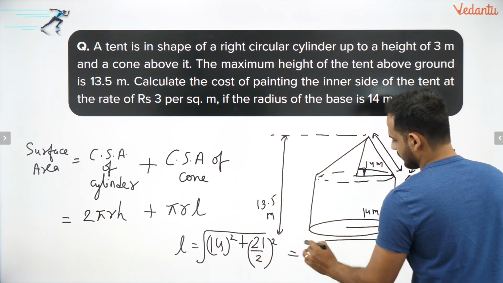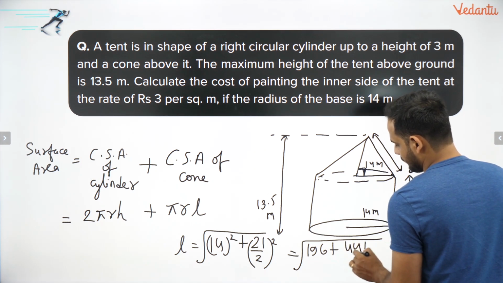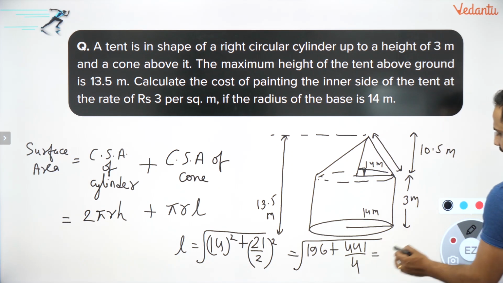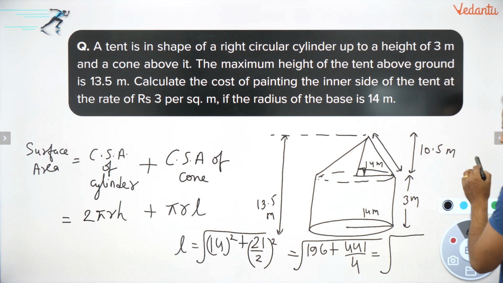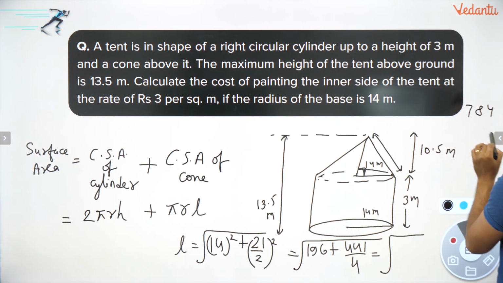So you'll get 196 plus 441 by 4. So multiply this with 4. What you'll get is under root of 196 into 4, so 784, and 441. So 5.